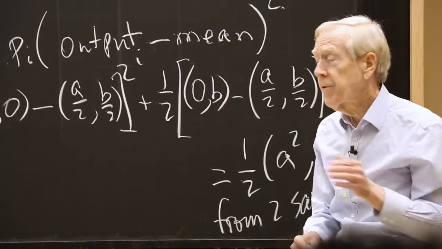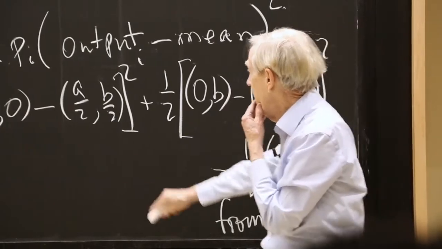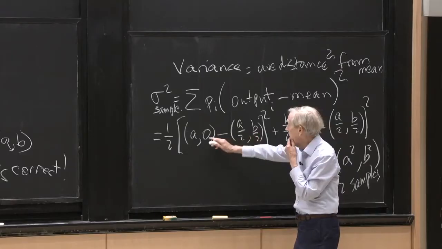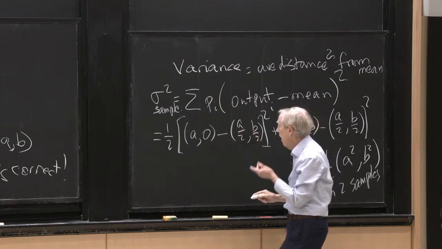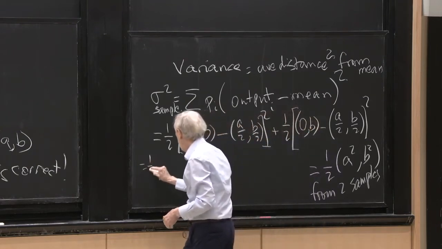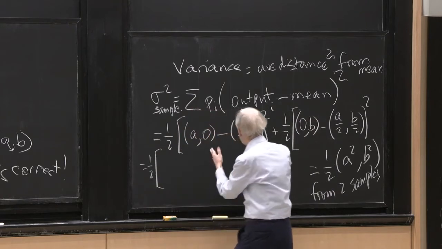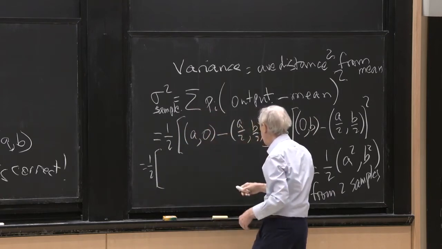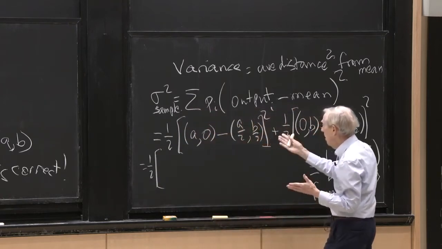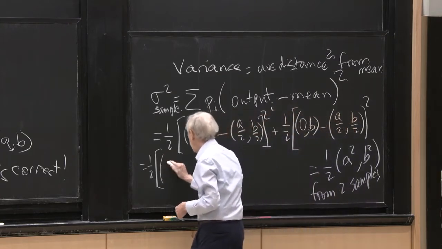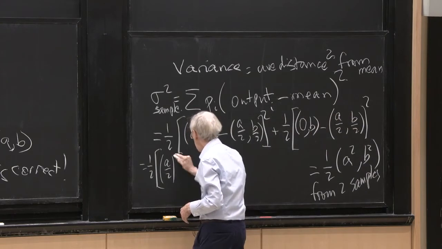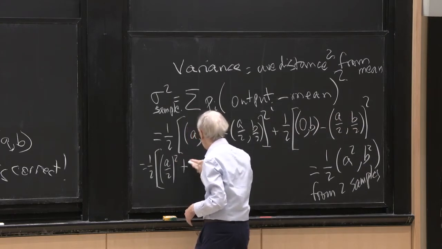I guess I'm bold enough to try it. So A0, so that would be A minus A over 2 and B over 2. I think we've got here 1/2 of A over 2 squared plus B over 2 squared.